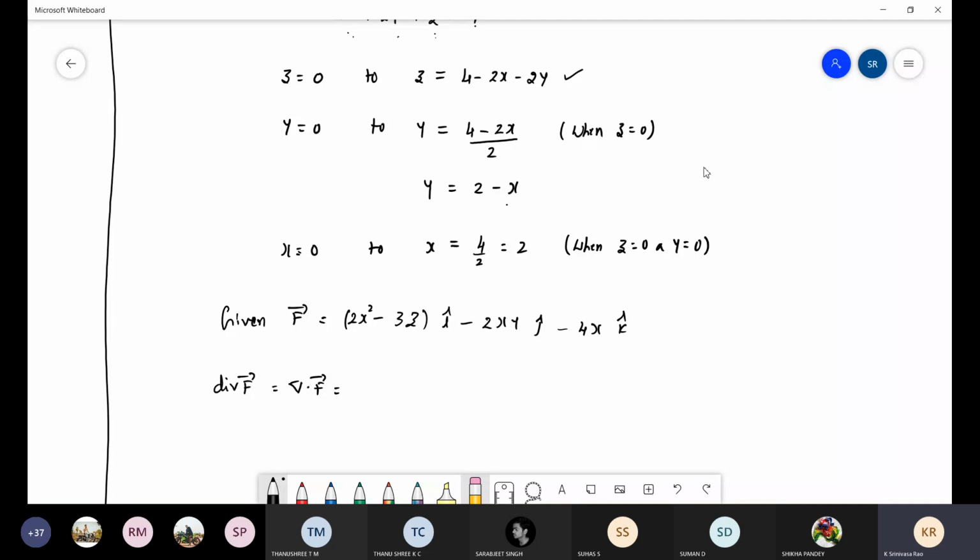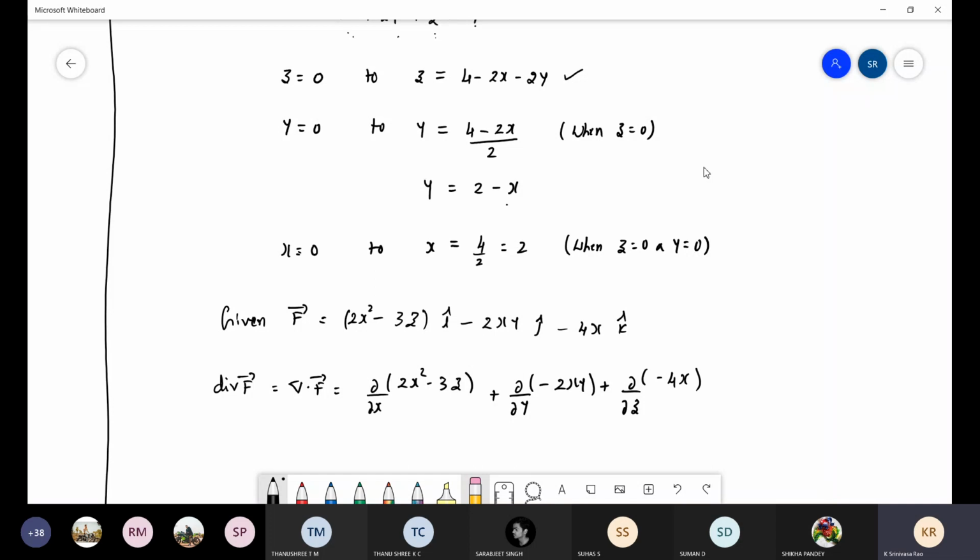Div f is equal to del dot f: dou by dou x of the first component 2x square minus 3z, plus dou by dou y of the second component minus 2xy, and dou by dou z of the third component minus 4x.